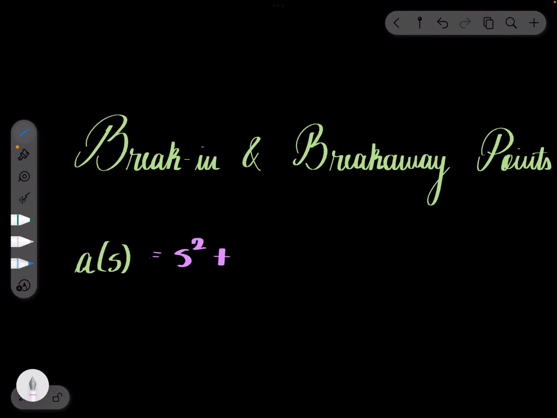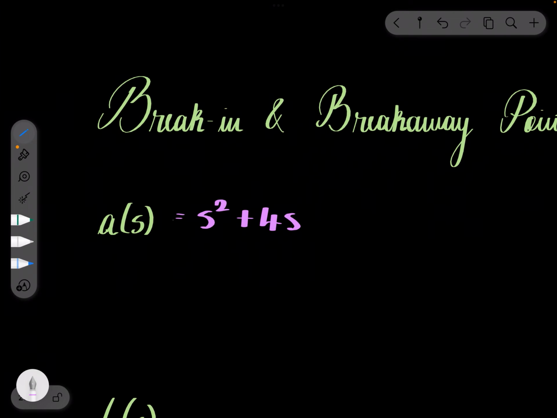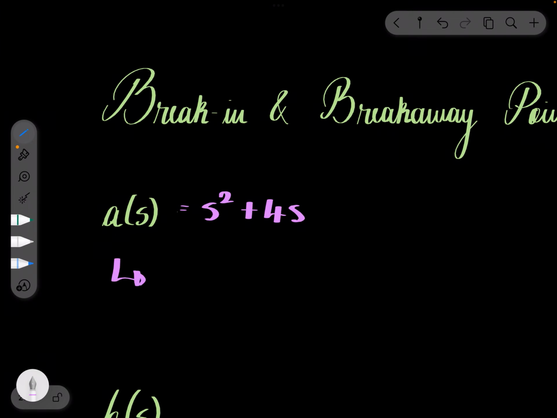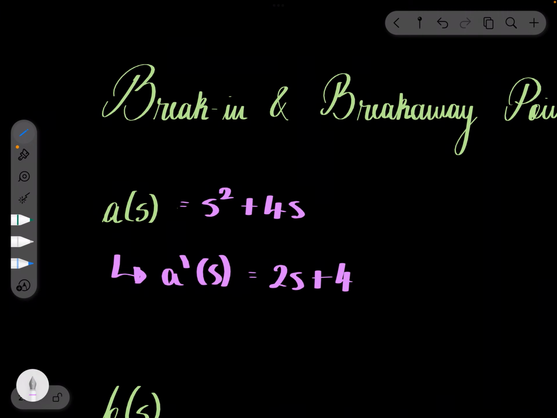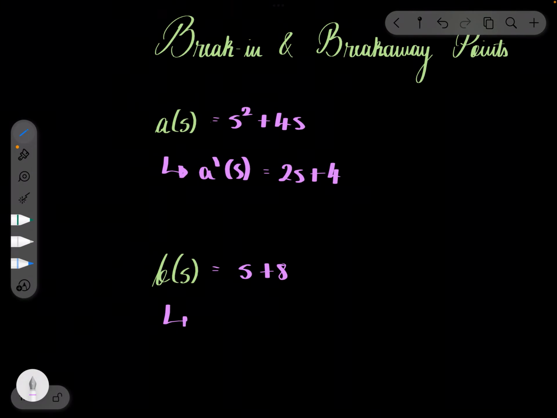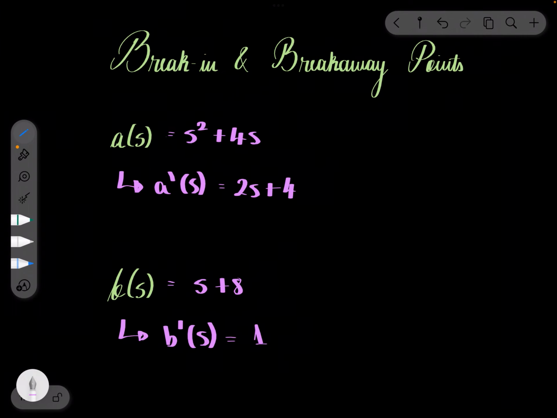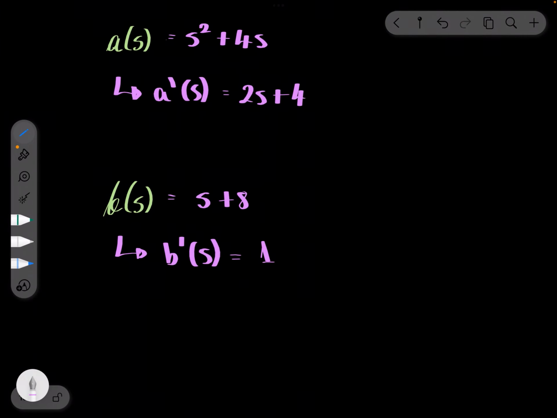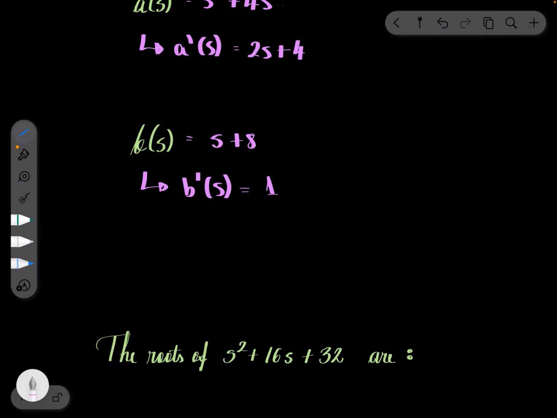The denominator is s squared plus 4s after we expand the brackets. And we want to find the derivative of this, so 2s plus 4. Now for the numerator. The value of the numerator is s plus 8, and the derivative of this numerator is just 1.